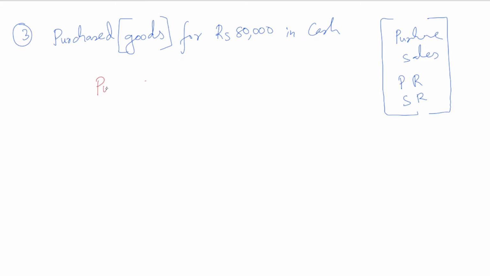So in this case, the journal entry will be purchase account debit 80,000 to cash, because purchase has been made.